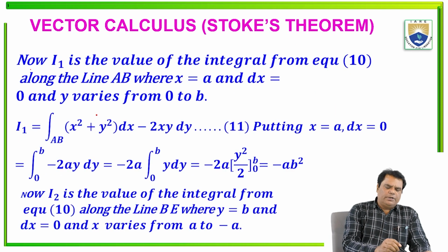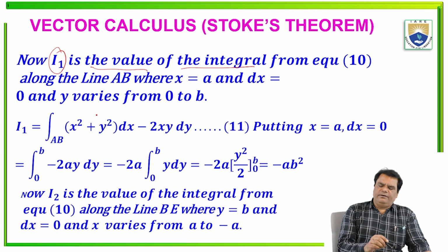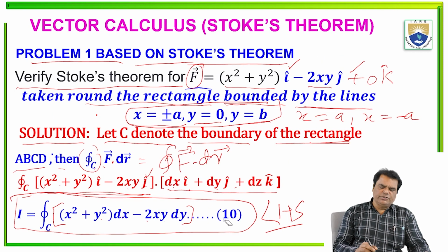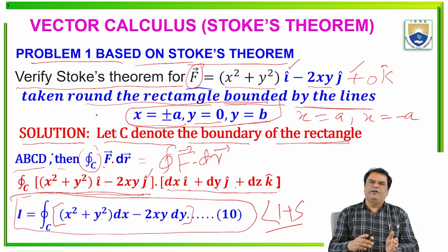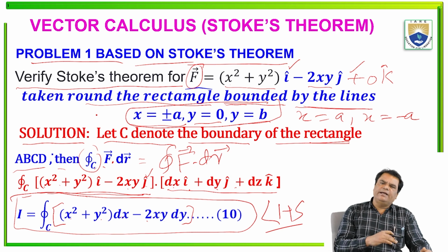Now I1 is the value of the integral from equation 10. This is the general formula. When we calculate the value of this integral in equation 10 along the AB line, that is integral 1. Along the BE line, that is integral 2. Along the ED line, that is integral 3.